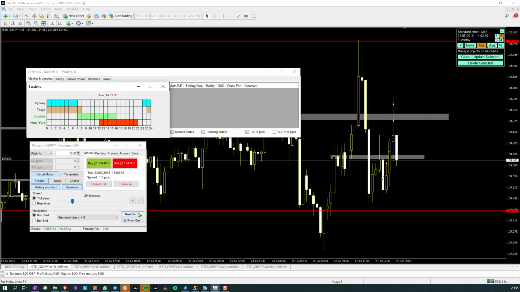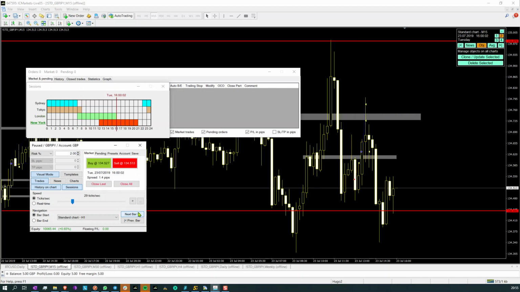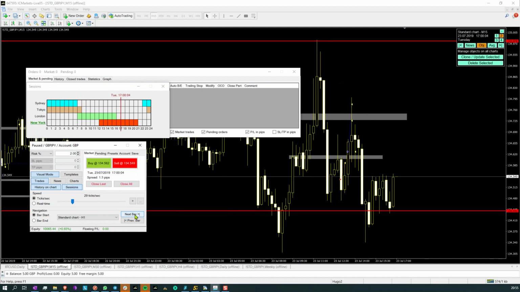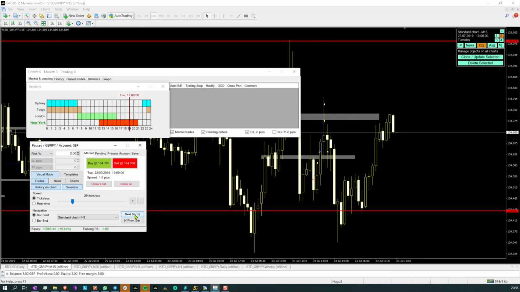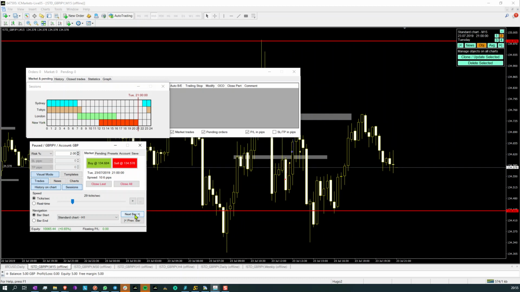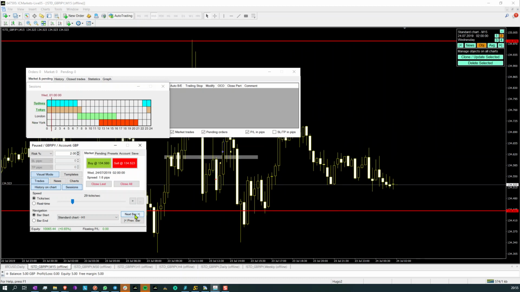So another rejection here. Another there. Just amazing how market rejects those zones.